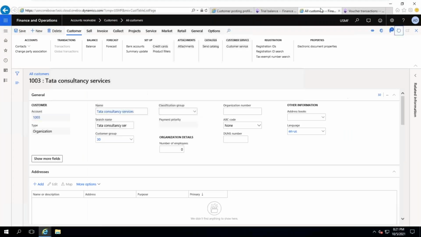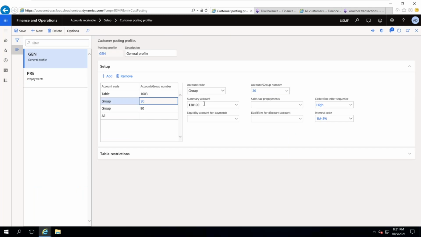See, the customer Tata Consultancy is mapped with group 30. That group 30 is mapped with 130100. But the same customer was directly mapped with 130400. Then whether it will take this one or this one is a confusion. Am I right?